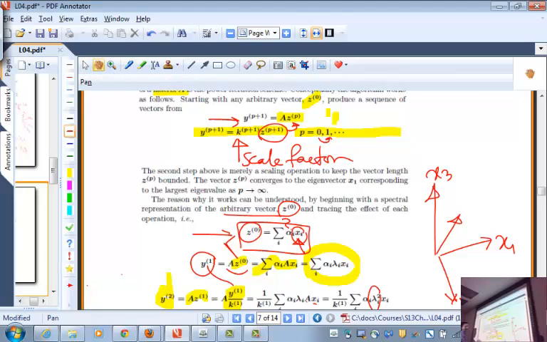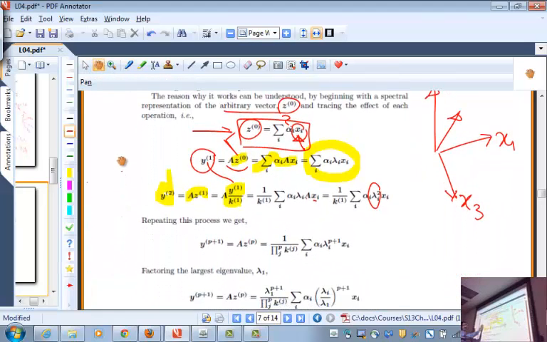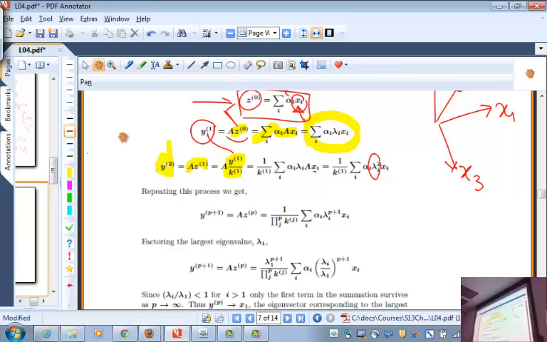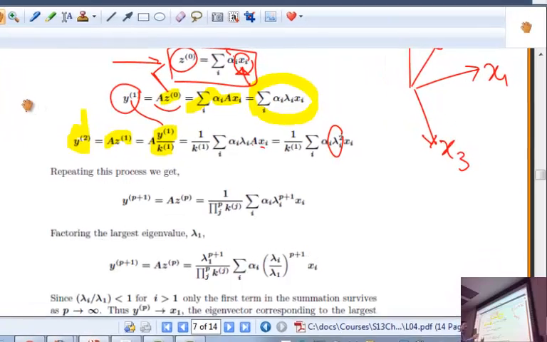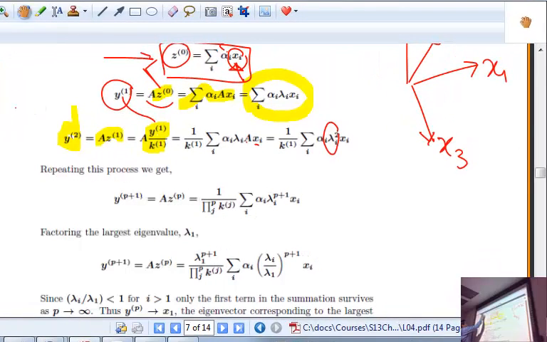Do you follow the development so far? Okay? So if you keep repeating it at y p plus 1, you will get the product of all the scale factors in the denominator. Those are just numbers to keep the overall calculation magnitude reasonable.